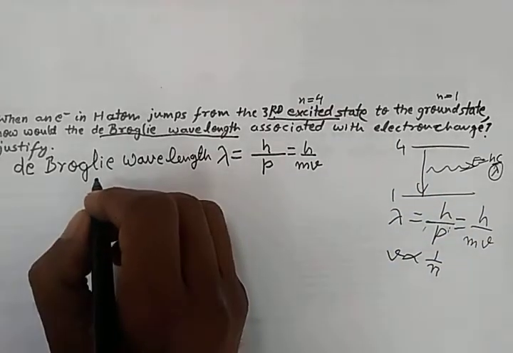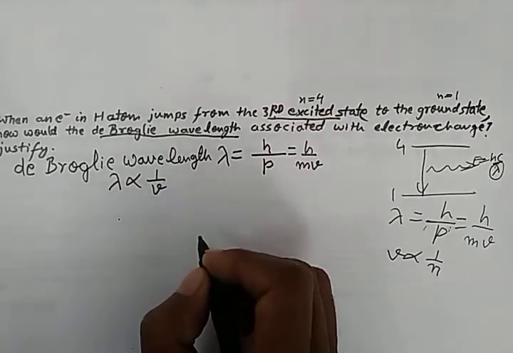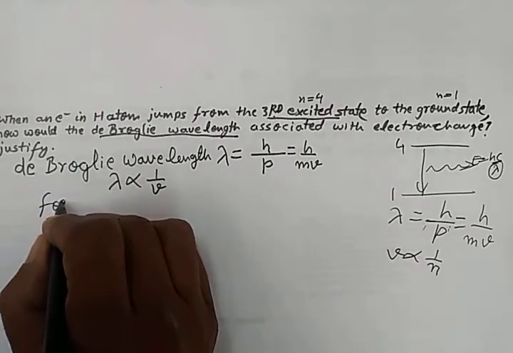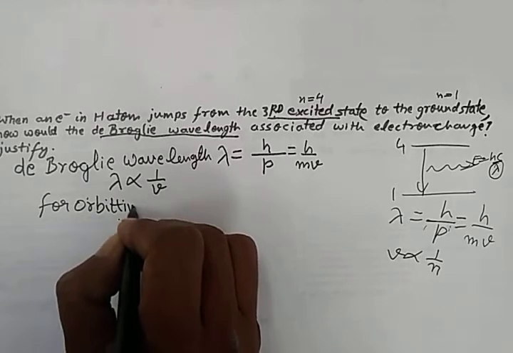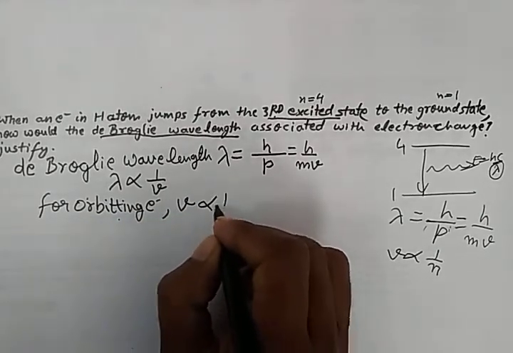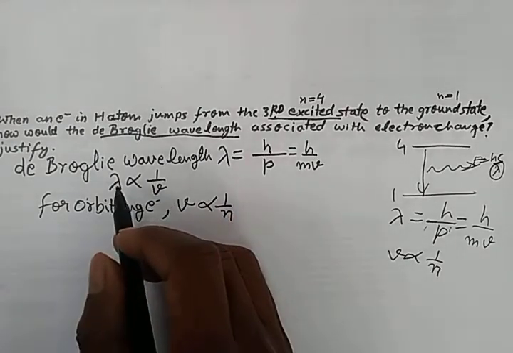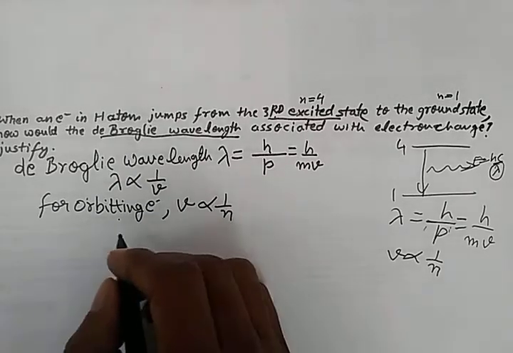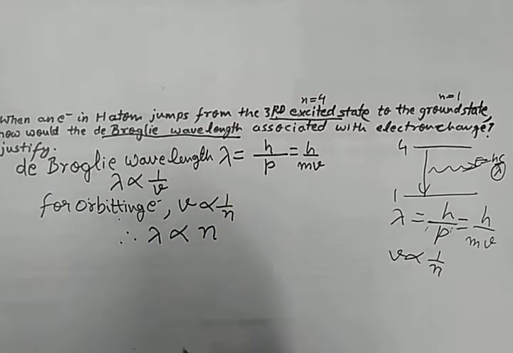So we can say that lambda is inversely proportional to v. Now for the orbiting electron, v is inversely proportional to n. Now see, lambda is inversely proportional to v, v is inversely proportional to n, so lambda is directly proportional to n.